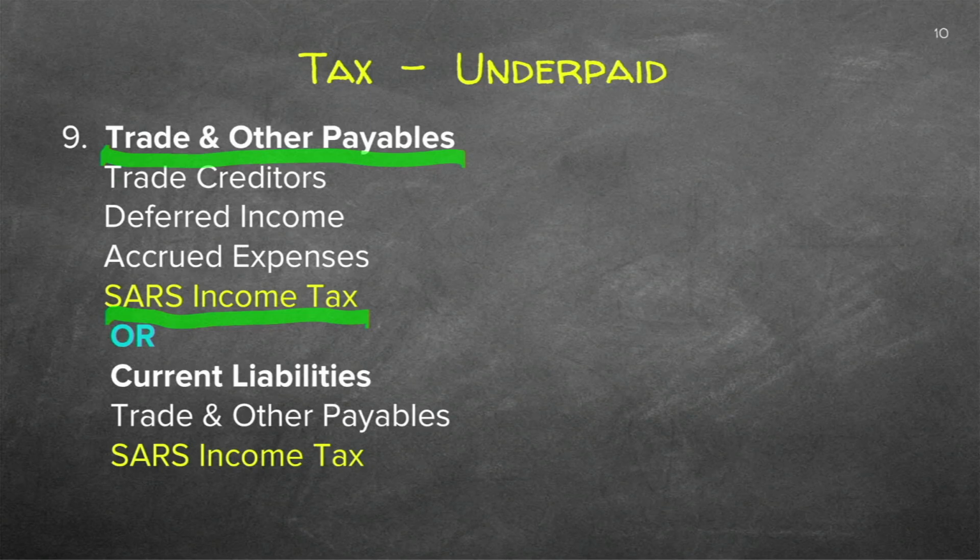However, if you are asked to show the current liability section of your balance sheet, you can then show SARS income tax under current liabilities. So you would have calculated your trade and other payables amount, and you now simply add your SARS income tax, and you're showing that you still owe SARS money.